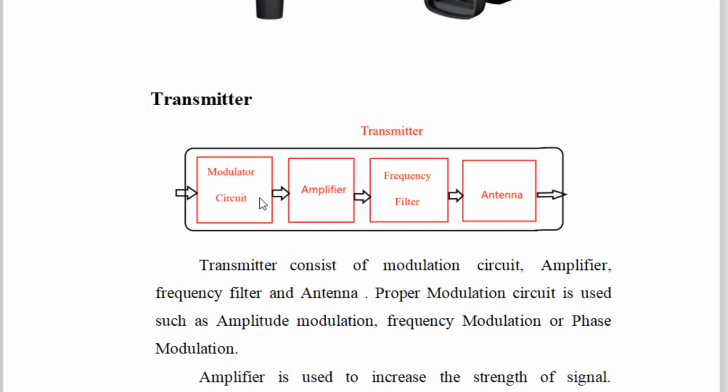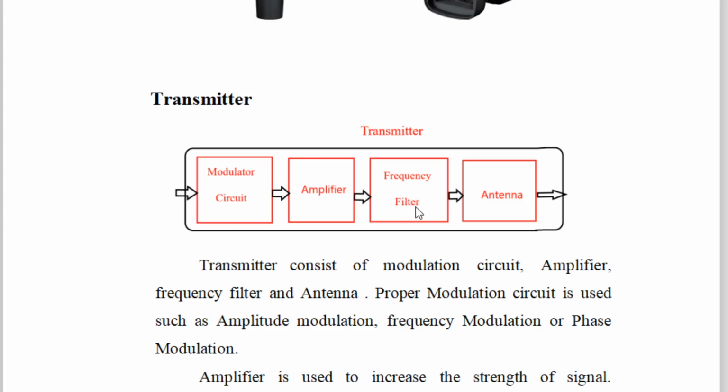So next block is, after modulation, amplifier is used. So signal strength is weak, it is amplified. Then next block is frequency filter. So unwanted frequencies are removed. Only the frequencies which we want, means the information signal should be very clear. That's why frequency filters are used.